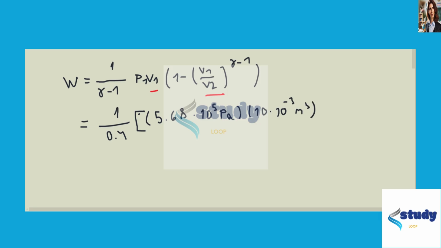This is the volume. And then the initial pressure, this is 1.22 times 10 to the 5th power pascals, times 30 times 10 to the minus third meters cubed, and we're closing the square brackets.